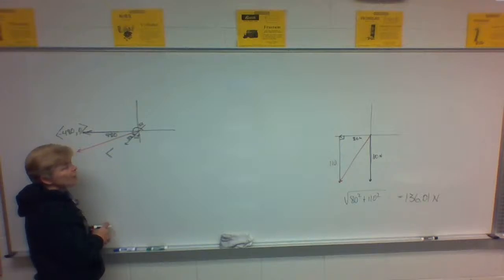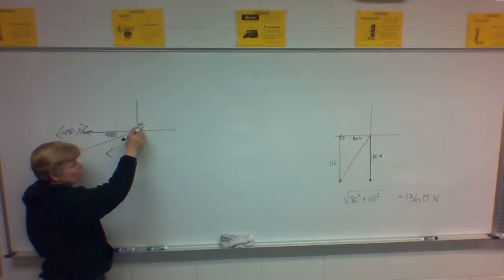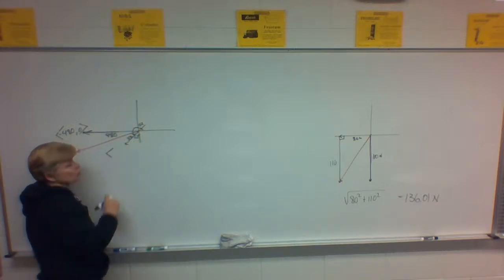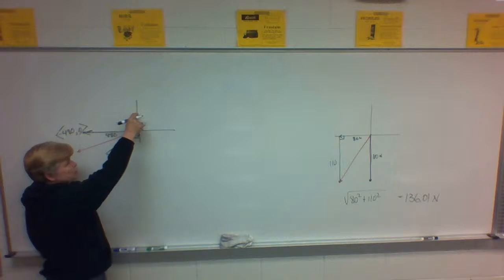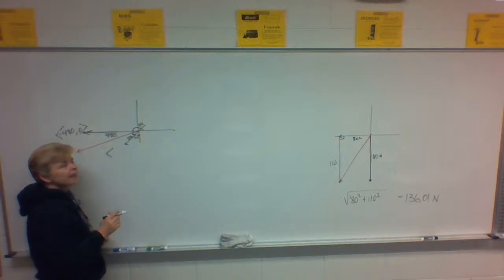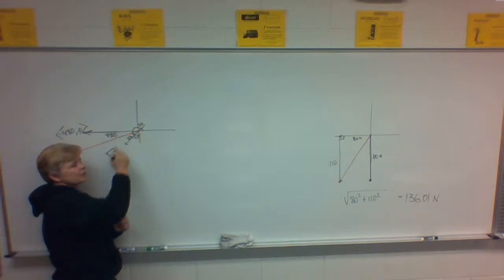The way you get these vectors on here is to go north and fall to the right, which is the only time you use clockwise. But once you get here and you're writing things down, you have to make that angle come around this way. Is that the only time you have to do that? When you're trying to get a component form of a vector, yeah. And then the rest is just normal? What do you mean by normal? Like trying to figure out the angle? Oh, yeah. The only time you have to use bearings, which is to start here and go this way, is if it's a ship or an airplane and they tell you the angle, you have to go compass-wise. When you calculate, you have to give me the angle this direction.